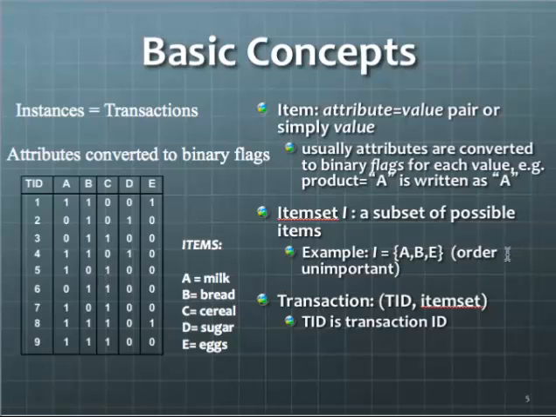For example, the items included in transaction 1, milk, bread, and eggs, form a 3-item set. So a transaction can be represented in this format: the transaction ID and the item set included in this transaction.